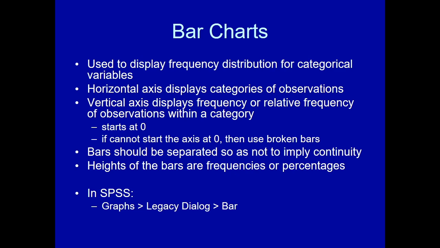And we want to show that in a bar chart, relative frequencies are shown by height, but in histograms, relative frequencies are shown by the area within the bars. So just remember that if we have a bar chart, frequencies are shown by height, whereas in a histogram, relative frequencies are shown by area.